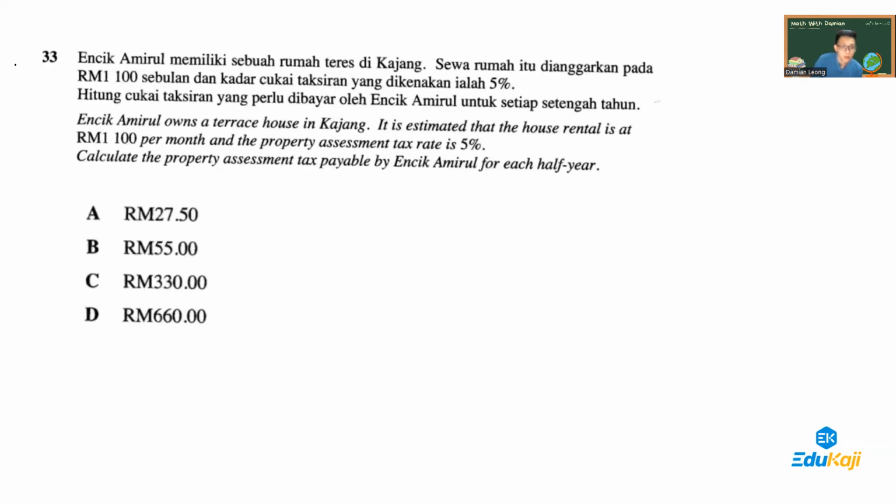Then question 33. Encik Amirul owns a terrace house in Kajang. House rental is at 1,100 ringgit per month and property assessment tax rate is 5%. So calculate the property assessment tax payable by Encik Amirul for each half a year.